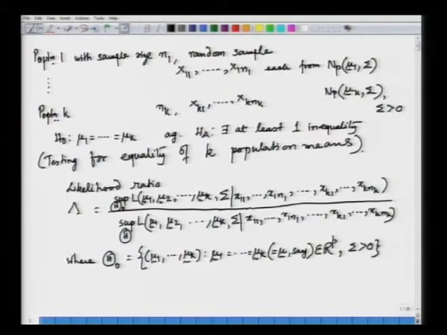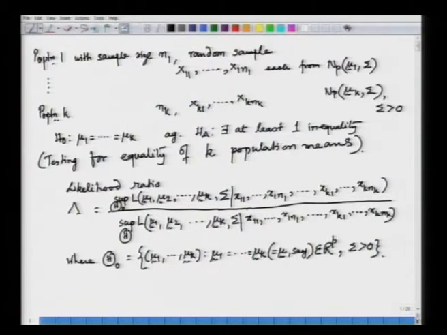So, this is the parameter space restricted by the null hypothesis, which we are going to consider in the numerator of the likelihood ratio test principle, and the unrestricted parameter space as well.